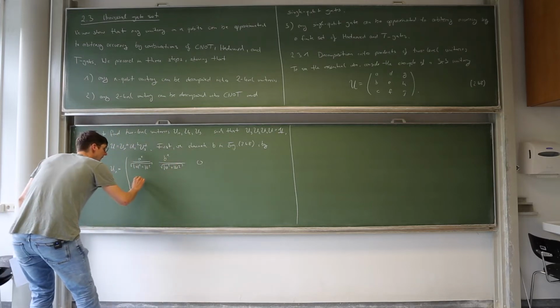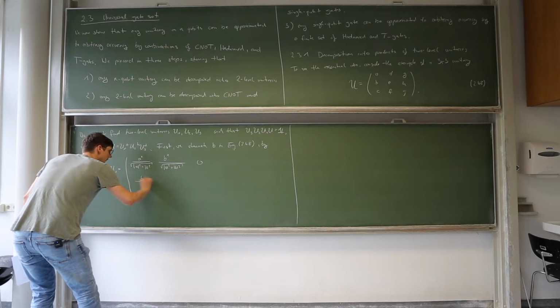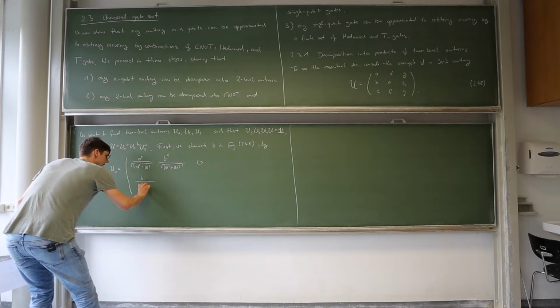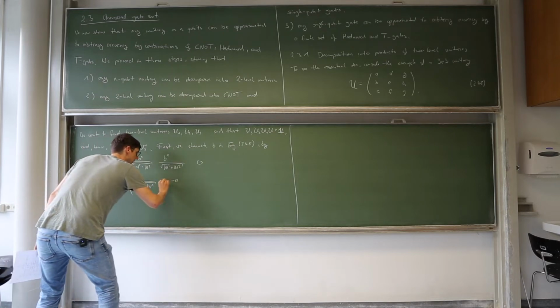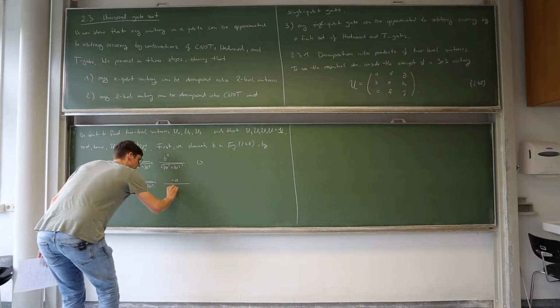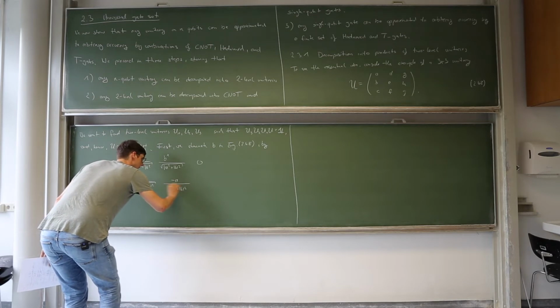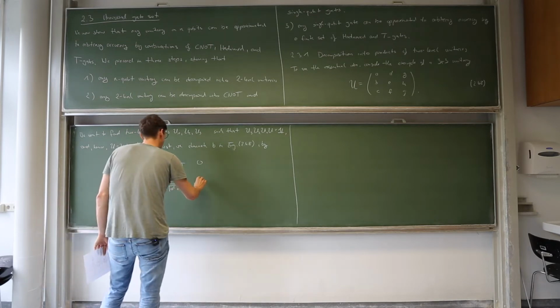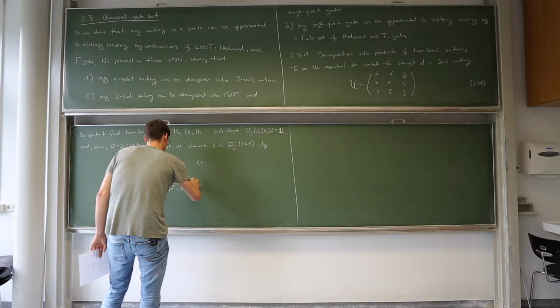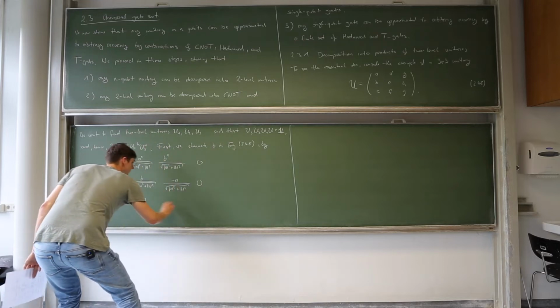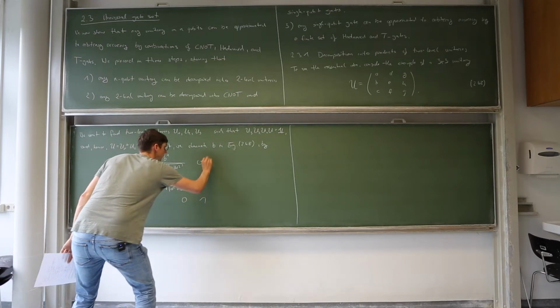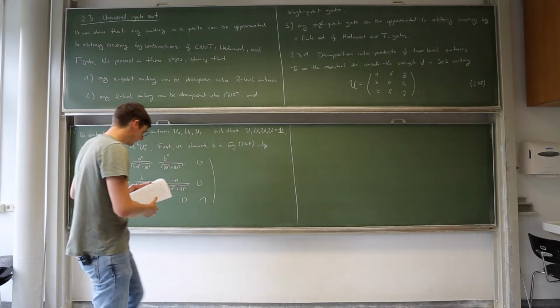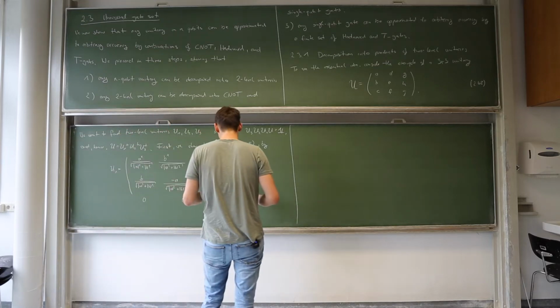Here we have B divided by the square root of modulus A squared plus modulus B squared, and minus A divided by the square root of modulus A squared plus modulus B squared. Then 0. And then we have 0, 0, 1. Okay, so you can check that this is indeed a unitary matrix.